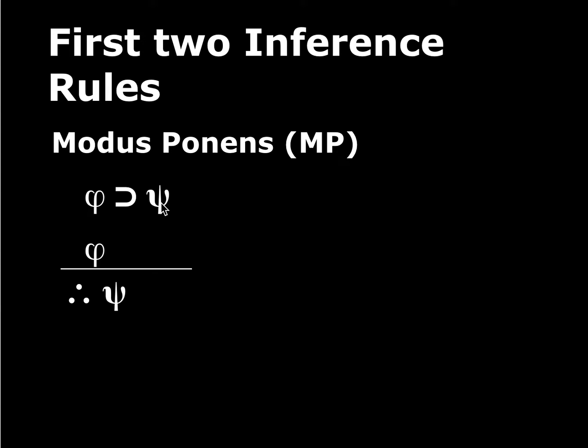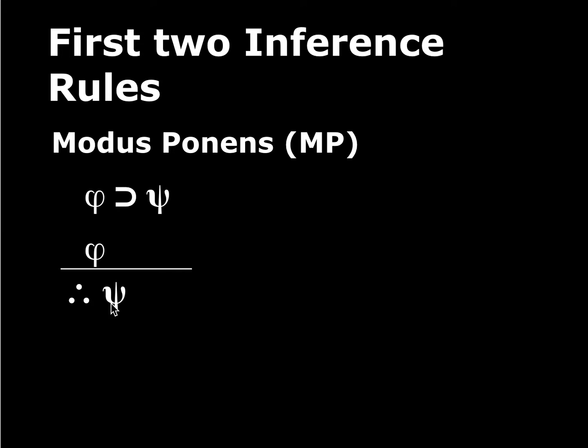So you have to have a conditional and the antecedent of that conditional. The thing below the line tells you what the rule says you can write on a new line if you have the components it needs. And so this rule says you can write the consequent of that conditional on a new line. So if you have a conditional and the antecedent, then you can write the consequent on a new line.